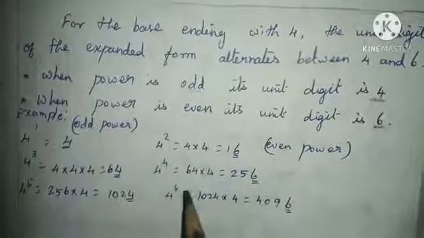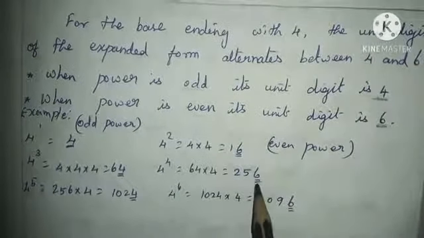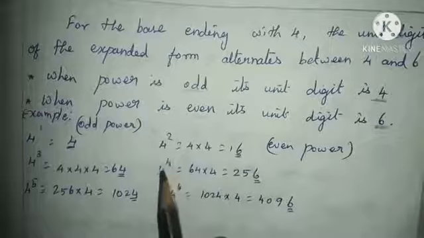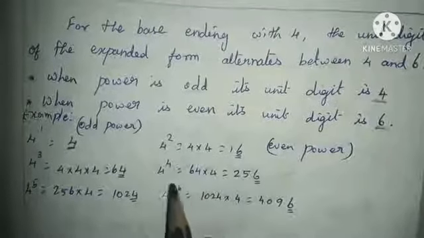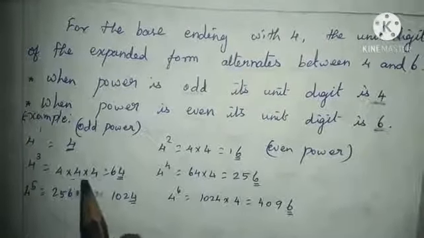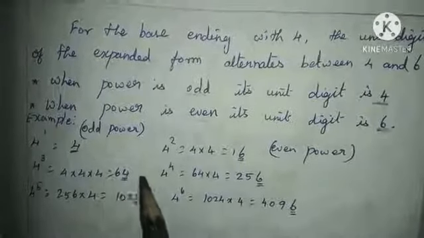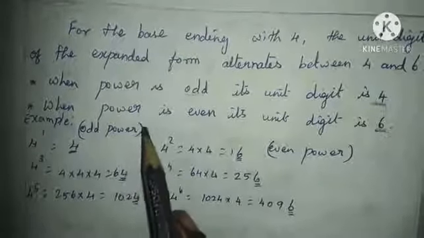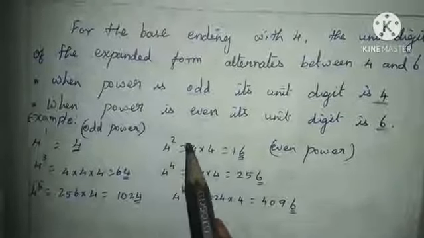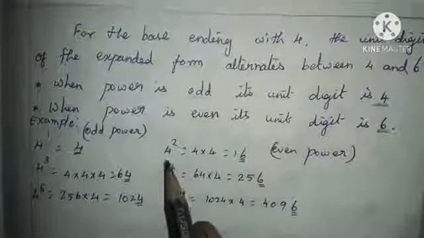Then for 4 power 4, we get the unit digit as 6 since the power is even. That is, when the number ends with 4, the unit digit in the expanded form is 4 when the power is odd and 6 when the power is even.